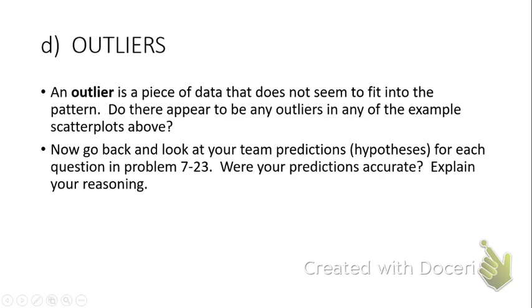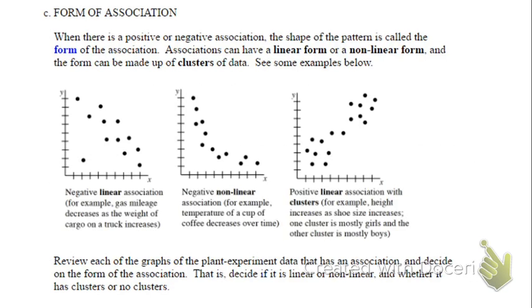Okay, outliers. Now, an outlier is a piece of data that does not seem to fit in the pattern. Do there appear to be any outliers in any of the example scatter plots from before? So we would look back at some of the things that we had before, and I kind of already told you guys to look at this first scatter plot here.